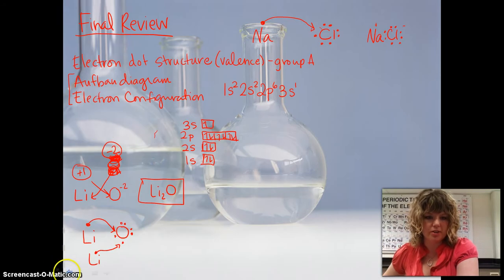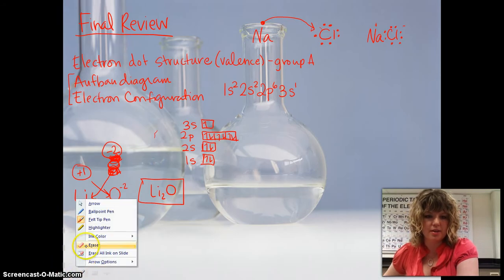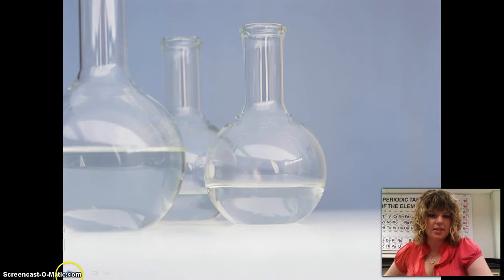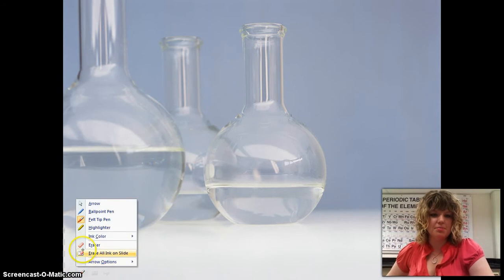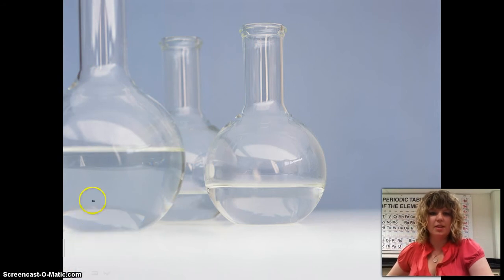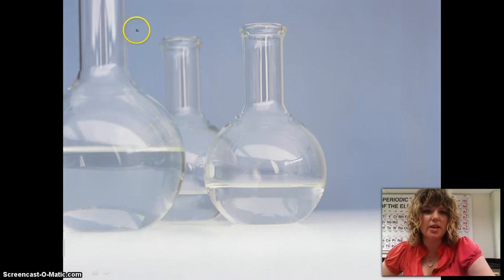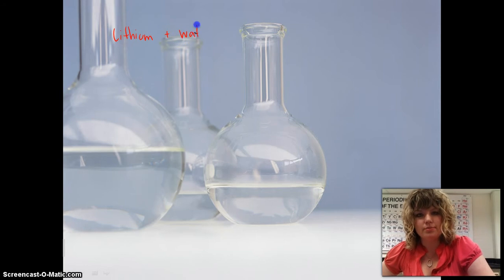And so let's go back here. I'll just erase this slide. And let's talk about the last big question on the test. And what I'll have is a word equation. So something like lithium plus water makes lithium hydroxide and hydrogen.